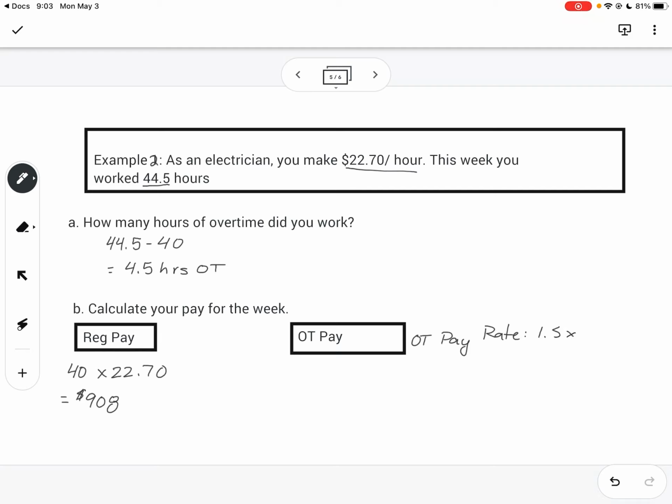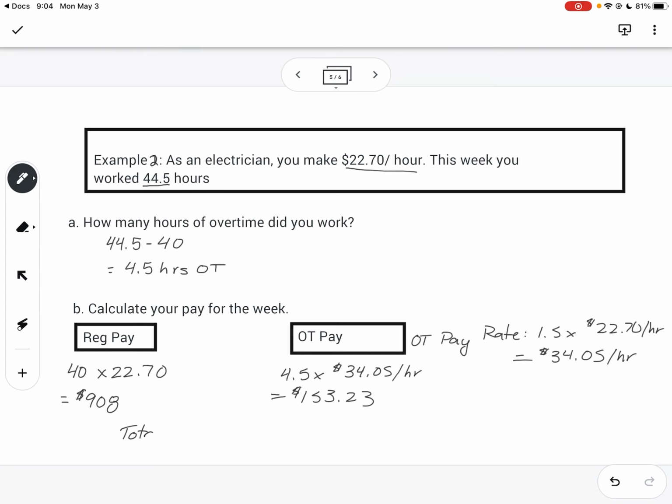So I've got 1.5 times $22.70 per hour, which is going to give me an hourly pay rate of $34.05. So my overtime pay is 4.5 times $34.05, which gives me a total overtime pay value as $153.23.